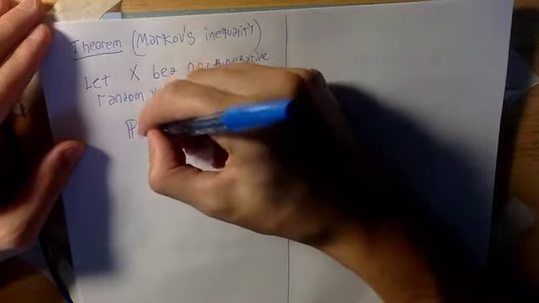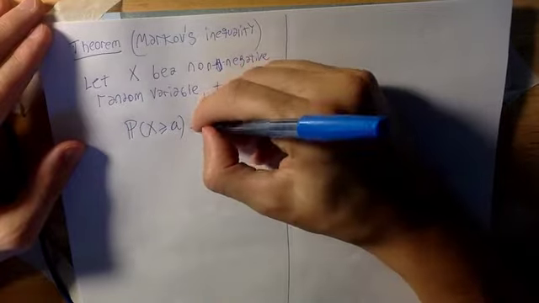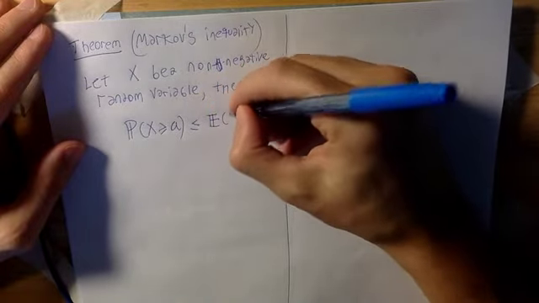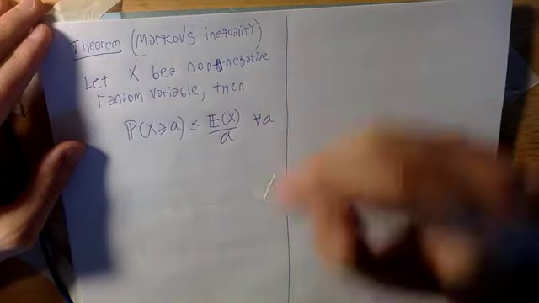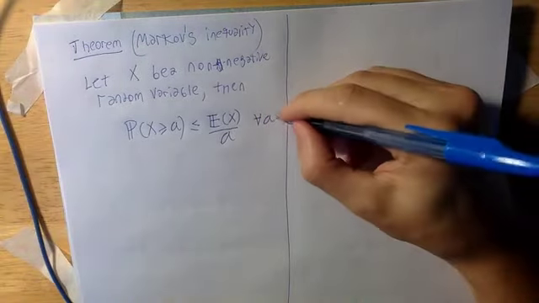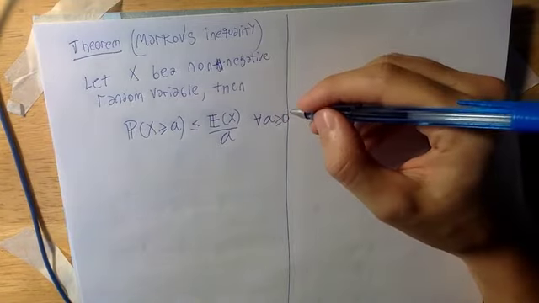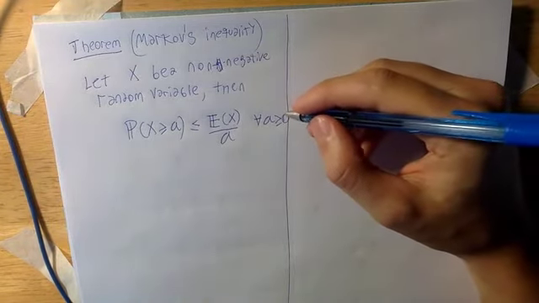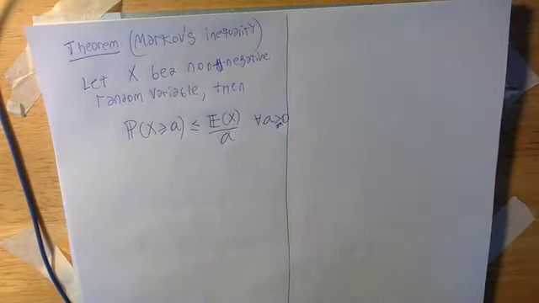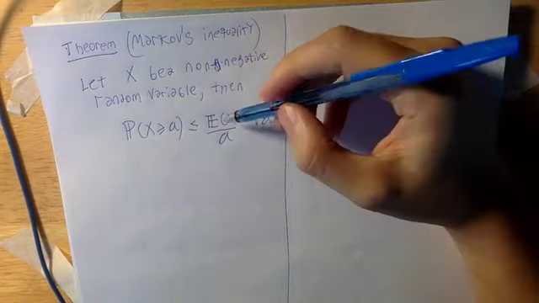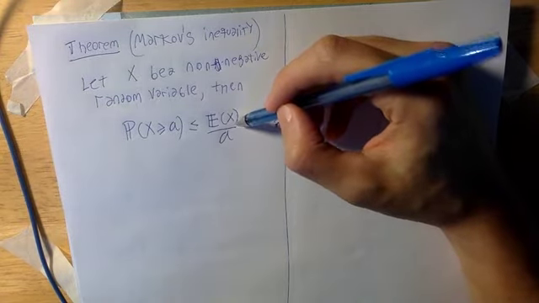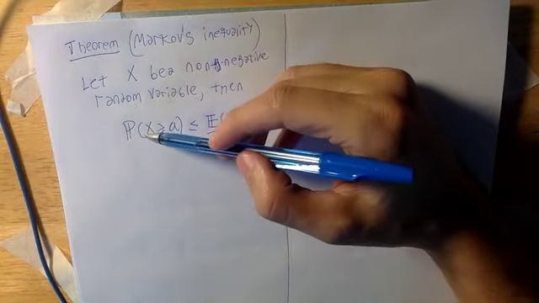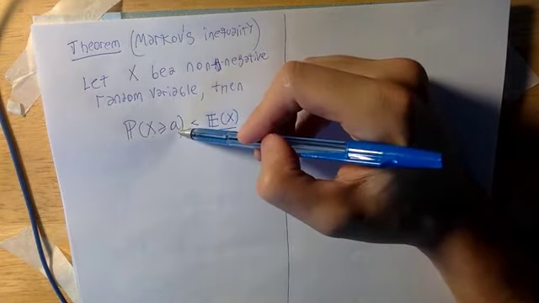the probability that x is bigger or equal than A is less or equal than the expectation of x over A, for every A positive. If you have an expectation which is small, then you can bound the probability that x is larger than 100.